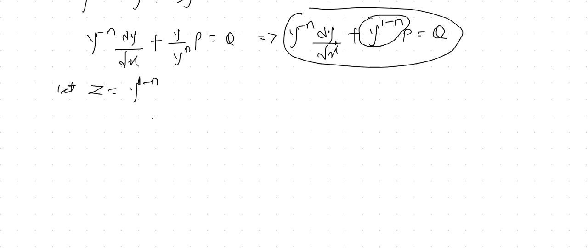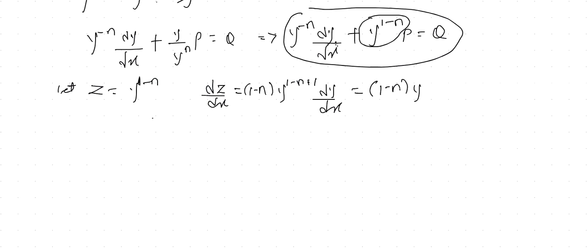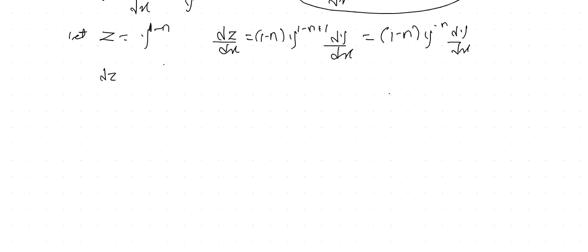We have dz/dx equals 1 minus n, y raised to the power of 1 minus n minus 1, dy/dx, which is 1 minus n, y raised to the power of minus n dy/dx.